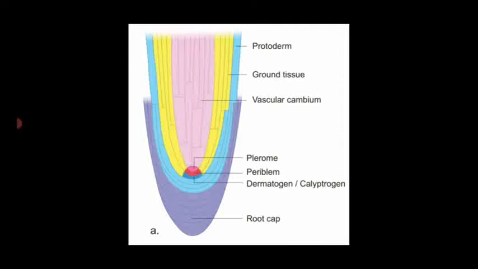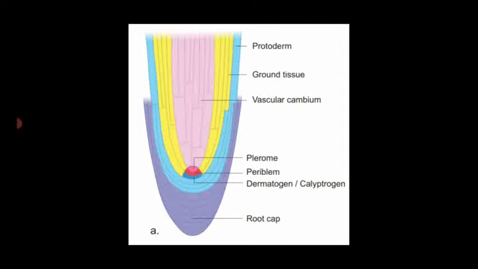The first zone is said to be the dermatogen, dark blue in color, or calyptrogen. Both of them are present there. The outermost layer gives rise to the root epidermis, and it also gives rise to the root cap outer to the dermatogen region. That's why they are given the names dermatogen and calyptrogen.